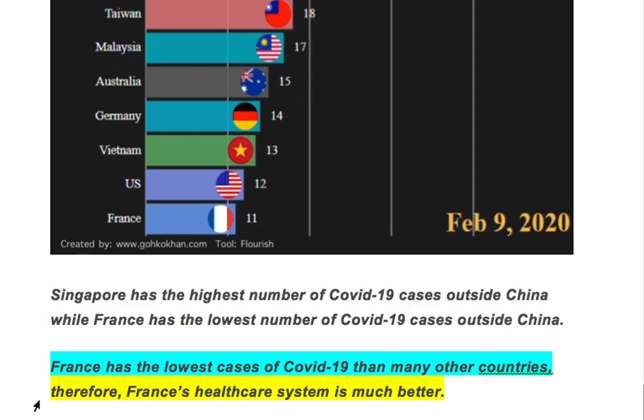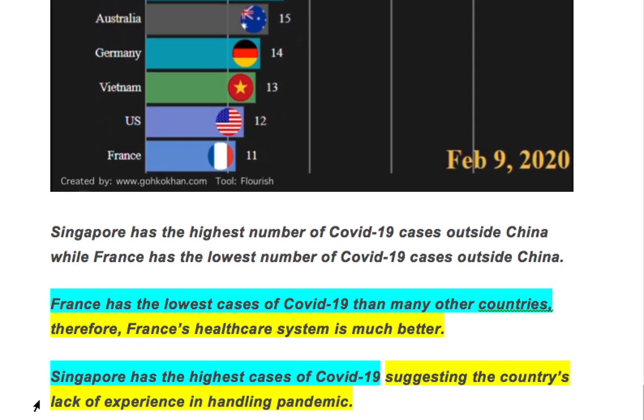Another example: Singapore has the highest cases of COVID-19, suggesting the country's lack of experience in handling pandemic. Is that true? So which is fact, which is opinion? Singapore has the highest cases of COVID-19.